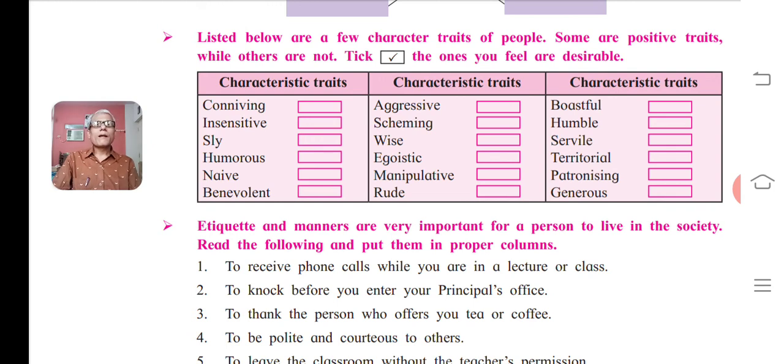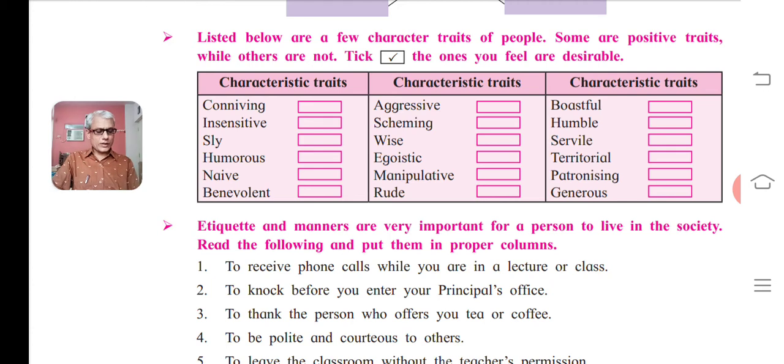Friends, among these, I will now tell you the characteristic traits which are to be ticked and which are desirable. In the first column, tick the box of humorous. Second, benevolent.